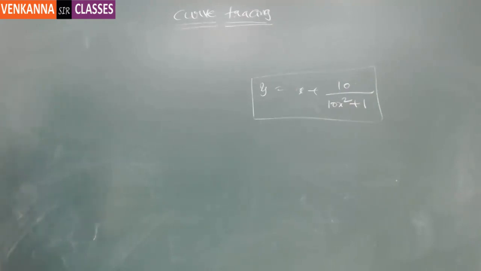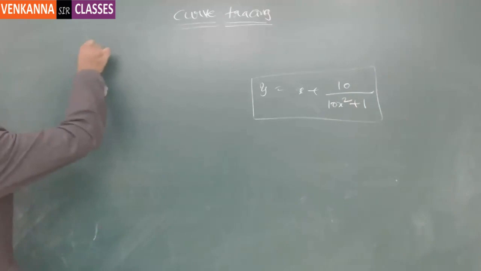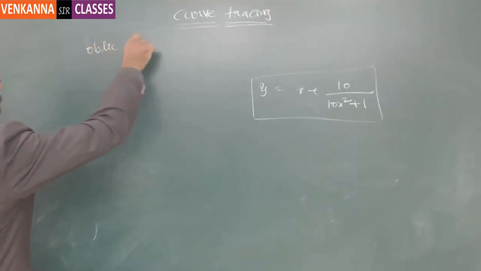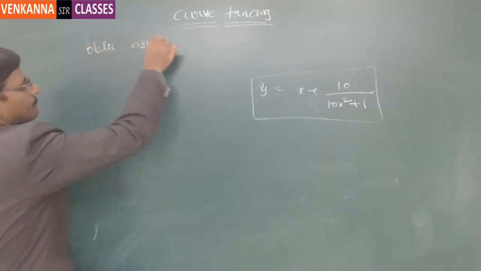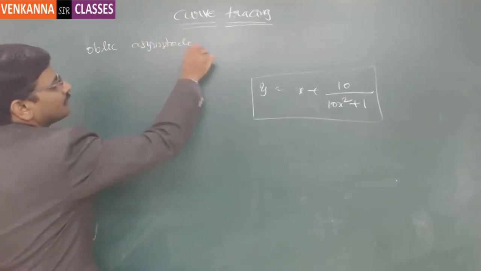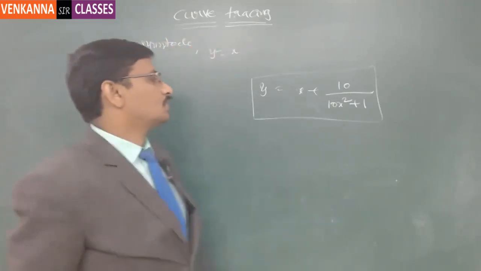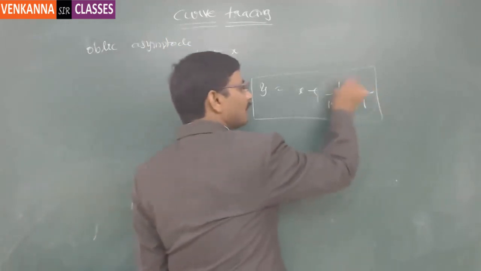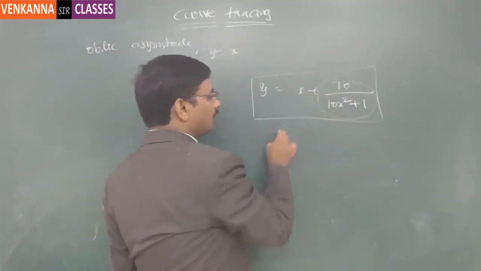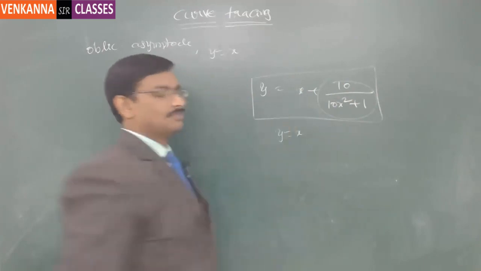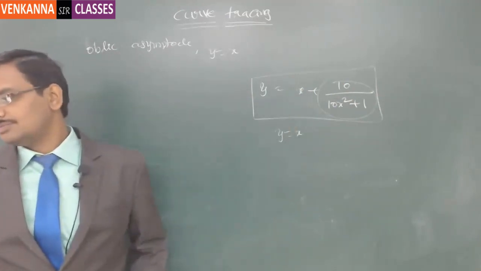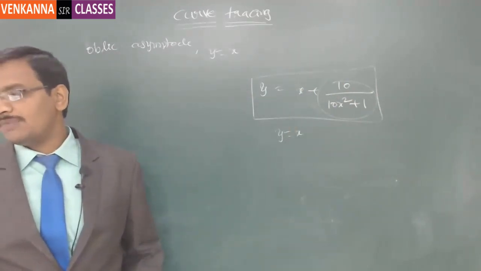So this is one case of oblique asymptote. And the equation of the asymptote is y is equal to x. Why? Because as x tends to infinite, this part will become 0 and the curve is bounded between y is equal to x. Got it or not? Yeah, exactly. Y is equal to x will be the asymptote.